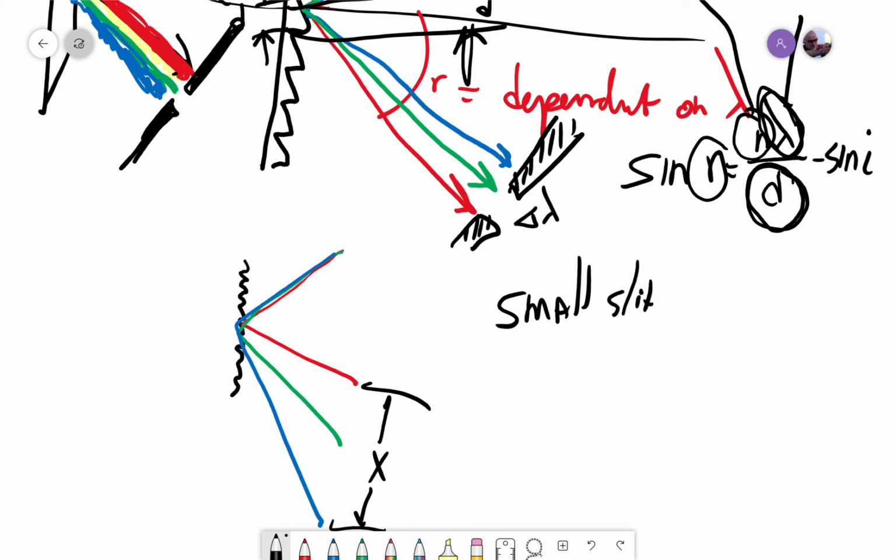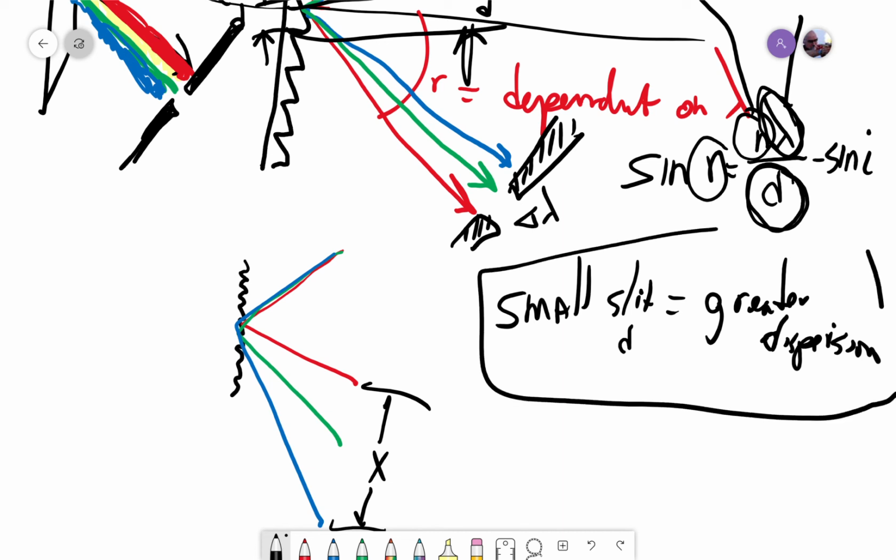Now this is the diffraction slit. The smaller the diffraction slit d means greater dispersion. Little teeny tiny slit, you get a really wide rainbow. Big slit, you get a very small amount of dispersion.